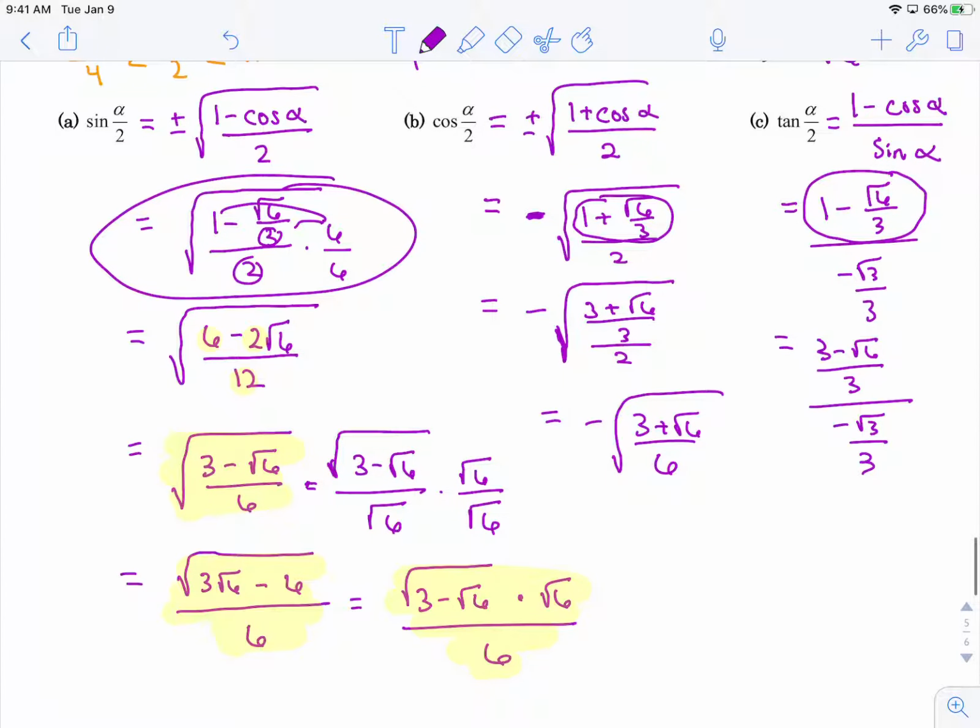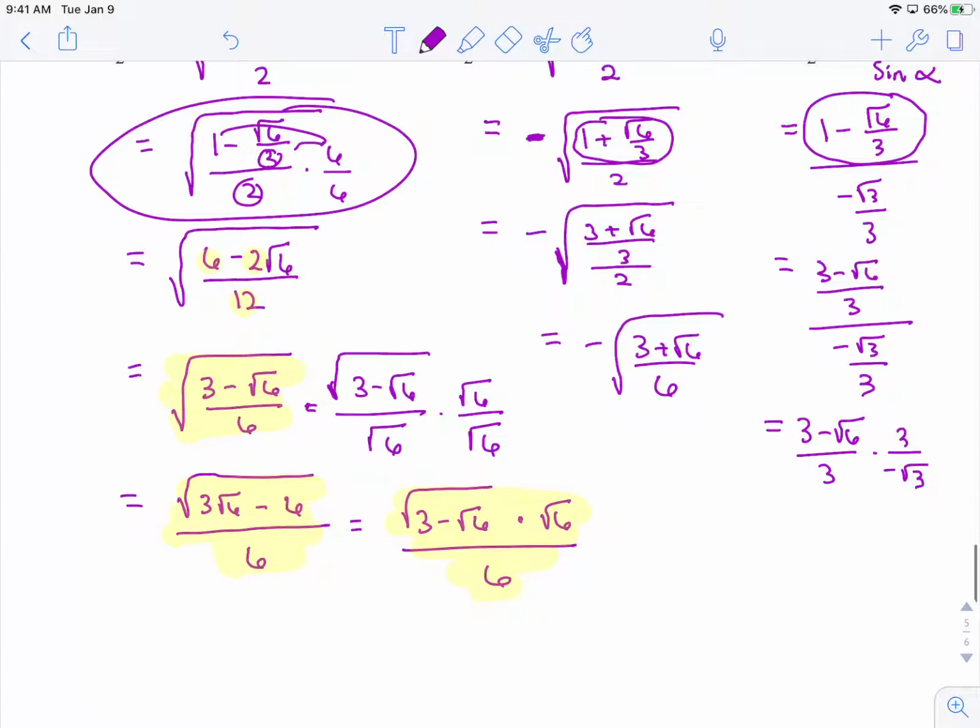When you divide by fractions, we have to go ahead and multiply by the reciprocal. If we look here, we can reduce this out. And so now we're looking at 3 minus root 6 over negative root 3.